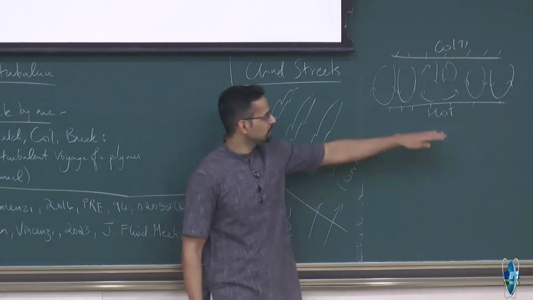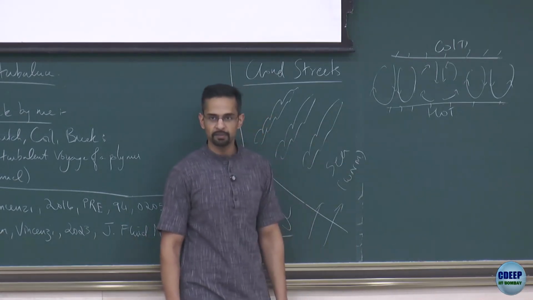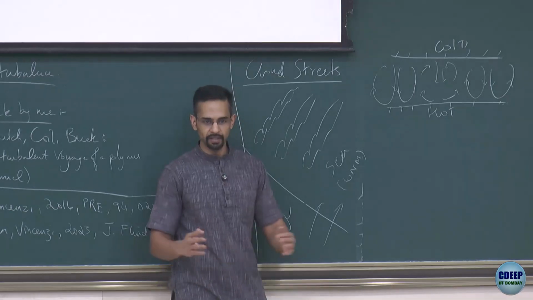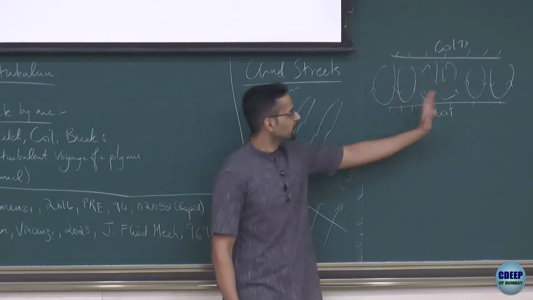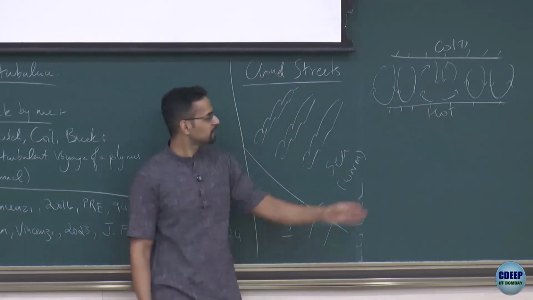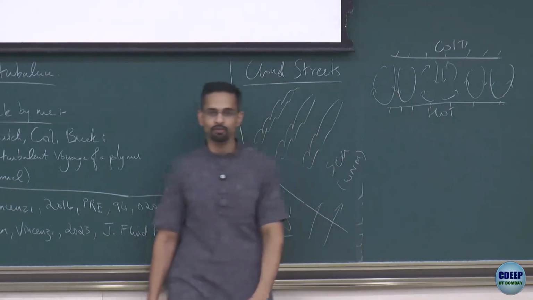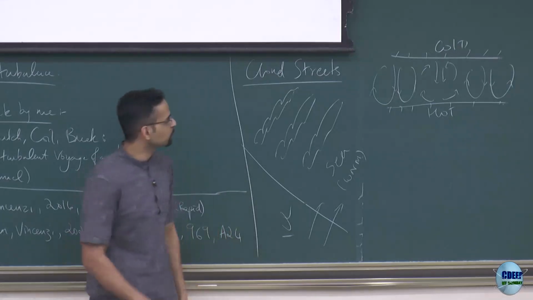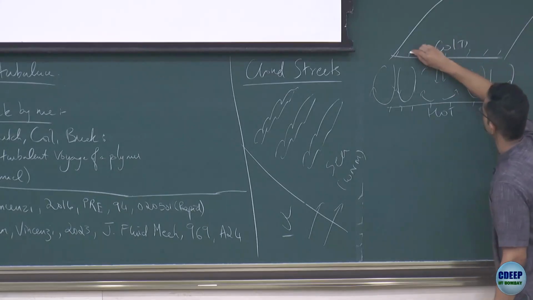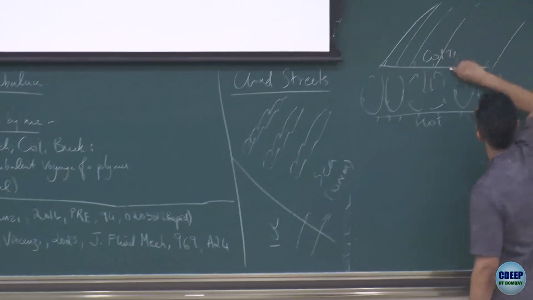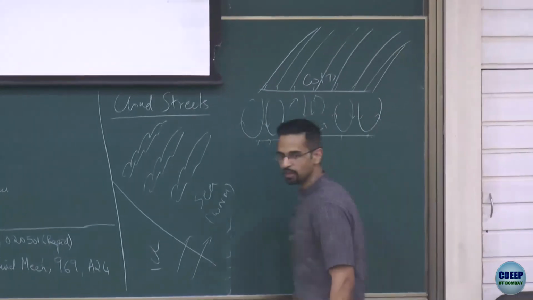Then slowly you increase the temperature of the bottom plate, and at some critical point, the fluid will spontaneously start to convect. And what's interesting is when it convects, it will not do so randomly. It gives rise to a nice array of rolls. And if you look at it out of the plane, if you look at it in 2D, you will see these things aligning like this. Okay? So they are called convection rolls.